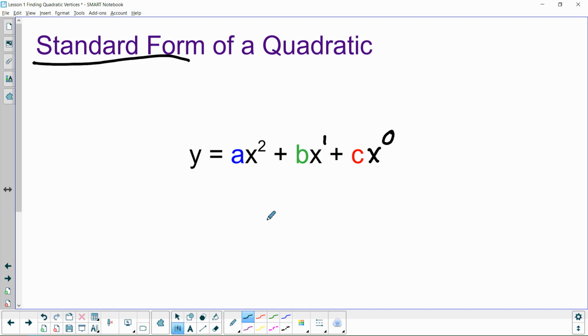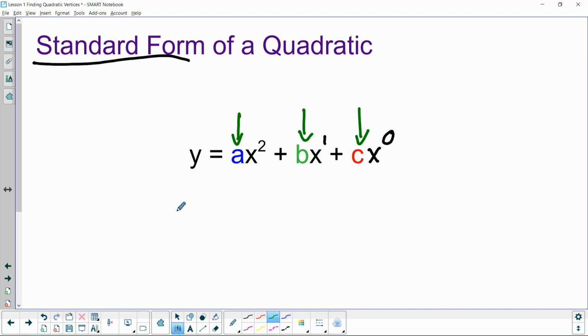But what's important here is how we're going to talk about these coefficients right here. It's important that you know that the leading coefficient is a, the coefficient for the linear term, or the first power term, is b, and then the constant is c. And that's easy to remember because c is the first letter in constant, obviously.